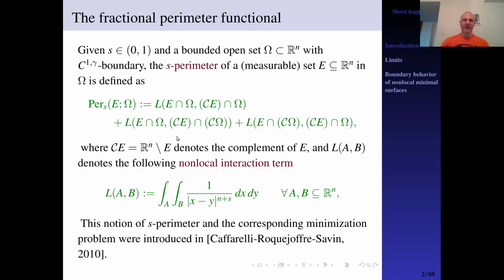Now, the definition is kind of ugly, but roughly speaking, it wants to consider all the possible interactions between a set E and the complement of E, taking into account only the interactions in which the container Omega is involved.